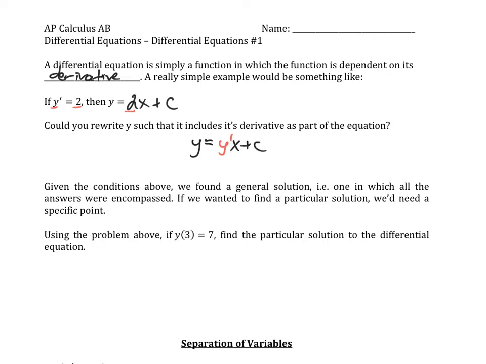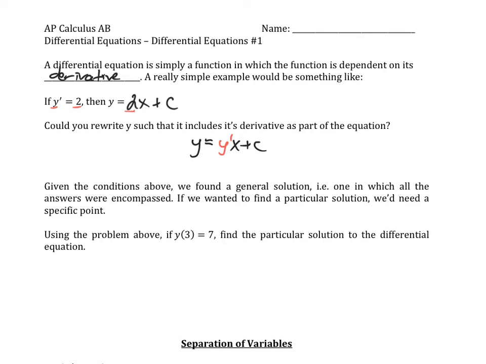Since y prime is equal to 2, those two things are equal. I should easily be able to replace the 2 with y prime. So I could think about y as y being equal to y prime x plus c. In this case, you can clearly see that y is dependent on whatever the derivative of y is, times x plus c.